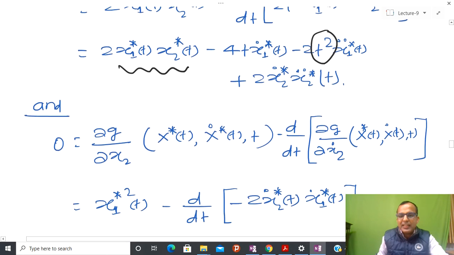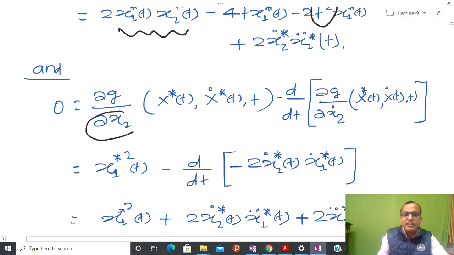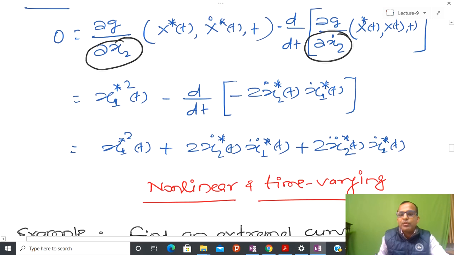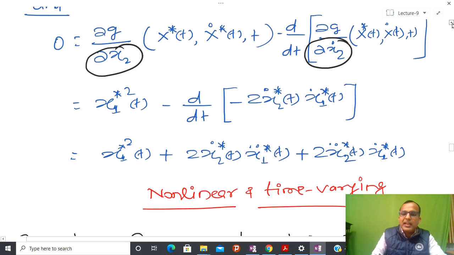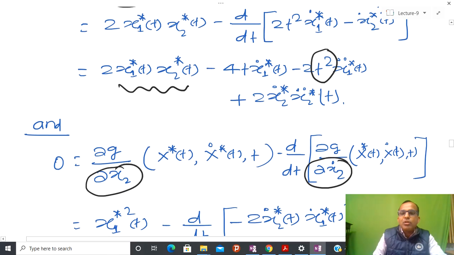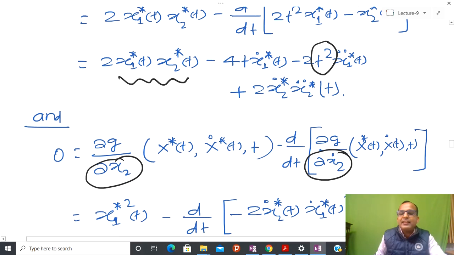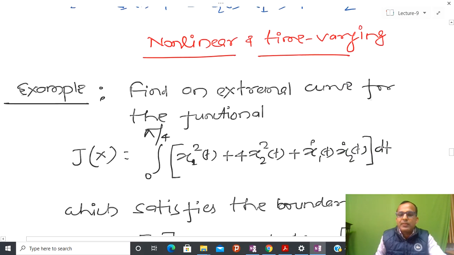Similarly, you can do the same calculation with respect to x2, and again you will get a non-linear equation, but luckily this one is not time varying. But whenever you find an extremal curve or optimal curve, you have to consider both simultaneous equations, and for that reason, in terms of both equations, I can say that this is a non-linear time varying equation.